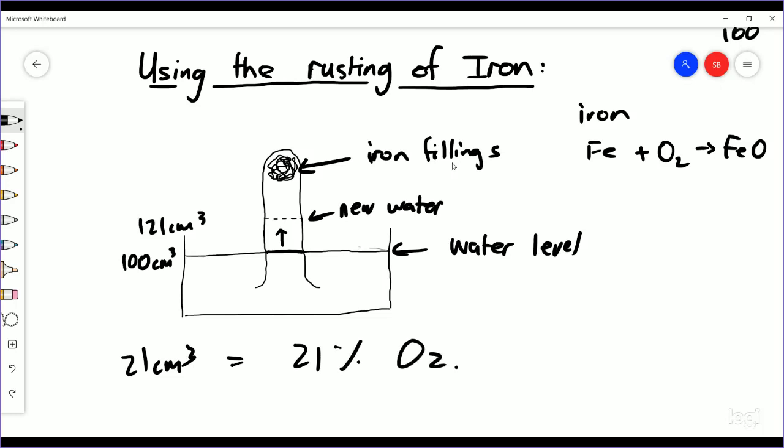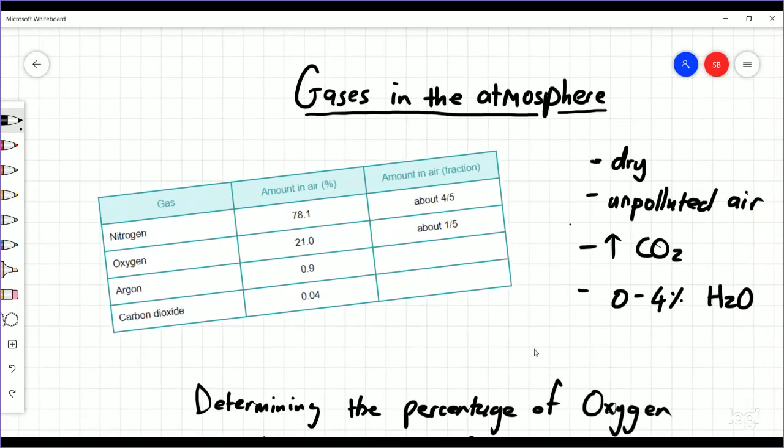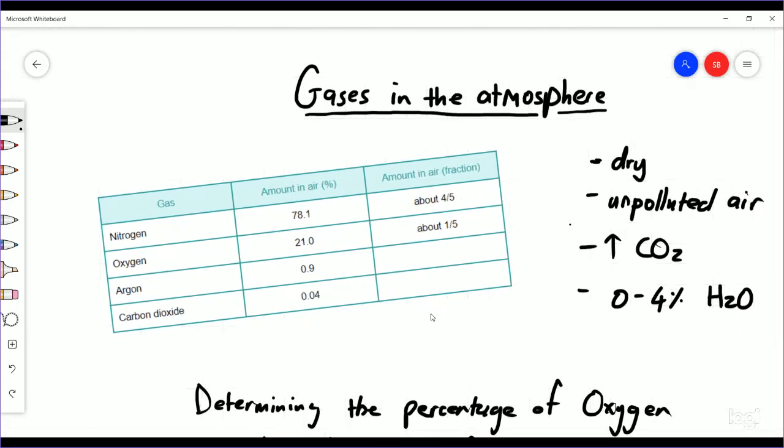So these are two experiments that involve determining the percentage of oxygen, which is the fact that you need to know from gases in the atmosphere. There's a few more experiments that we're going to talk about, but we're going to save those for a new video. I hope it was very helpful, everybody.